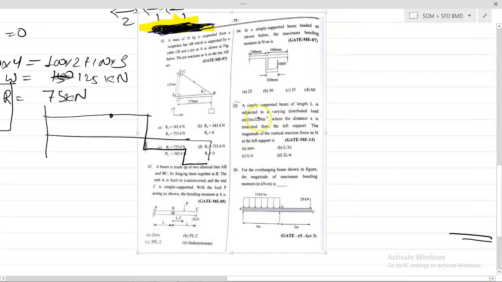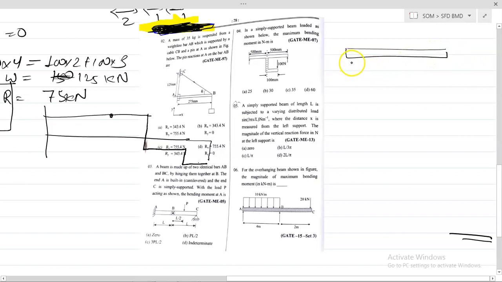It is given a simply supported beam, with reactions at A and B, and an L shape connected, where a 100 Newton load is acting. This is 100, this is 500, and this is 500, and you need to obtain the maximum bending moment.